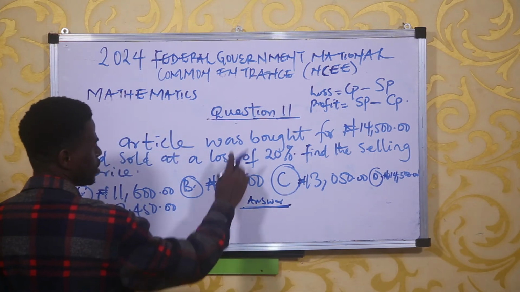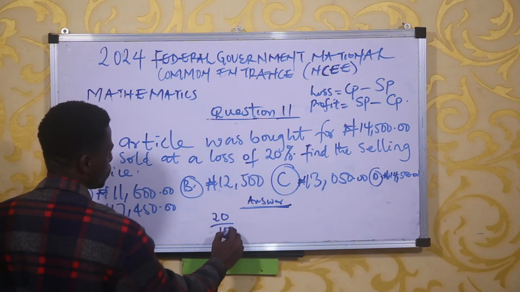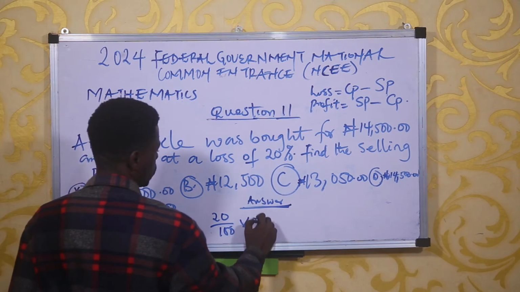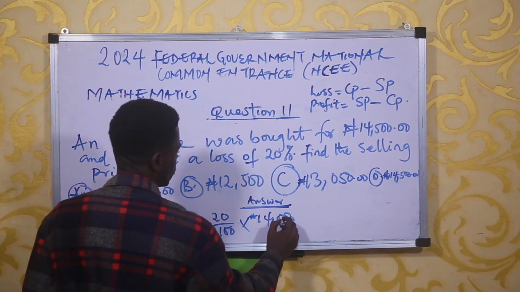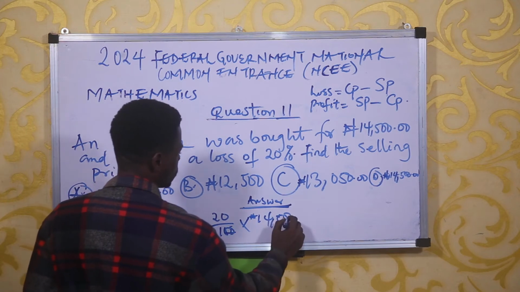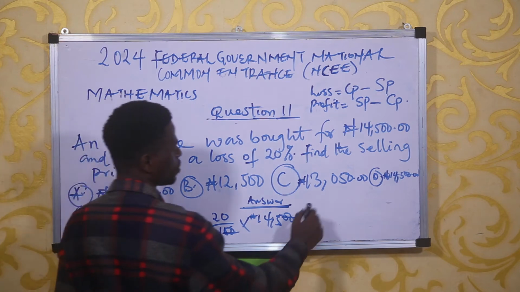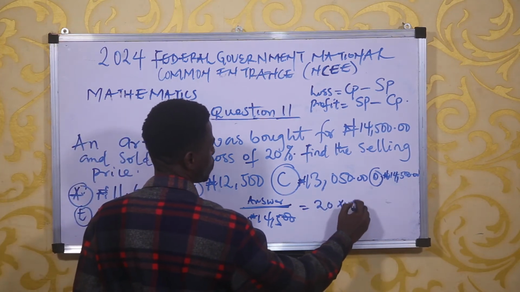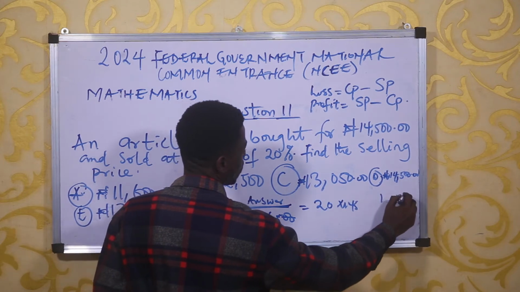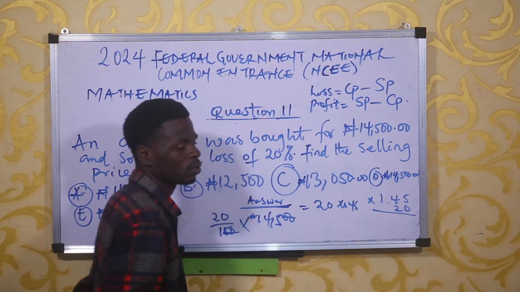So this is 20%, that's 20 over 100 times 14,500 naira. Let's cancel the zeros: 0 cancels 0. So we have 20 times 145. Let's multiply 145 times 20.